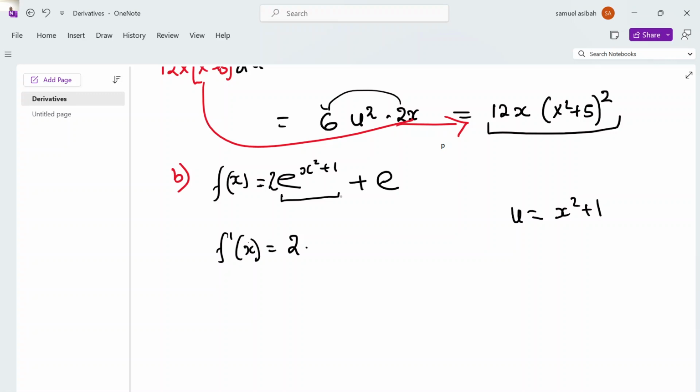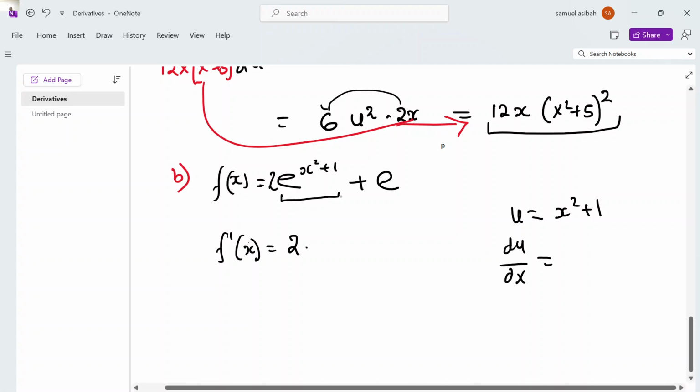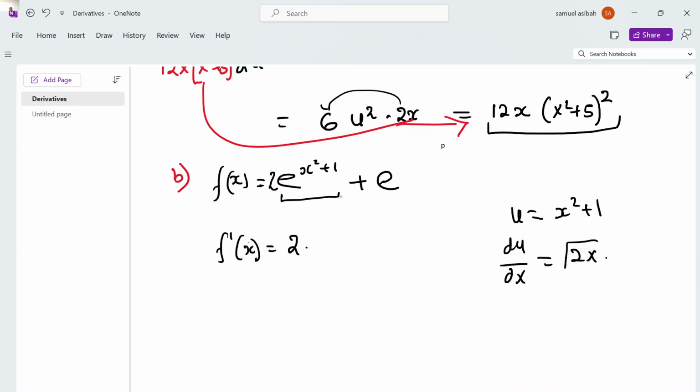Now we can differentiate using the above method. Using the experience that we have gained here, du over dx of this is equal to 2x. So it is the 2x that you can just multiply down here.